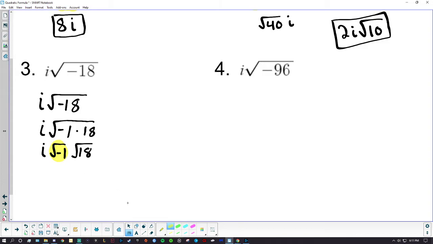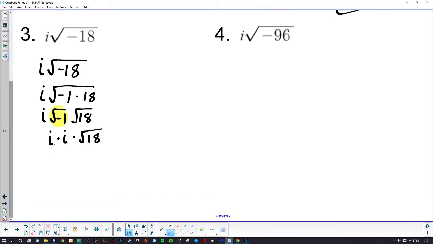Like before, the square root of negative 1 is i. So we have i times i times the square root of 18. I times i is i squared times the square root of 18. And we said i squared is negative 1.